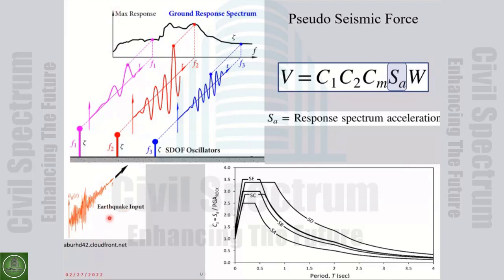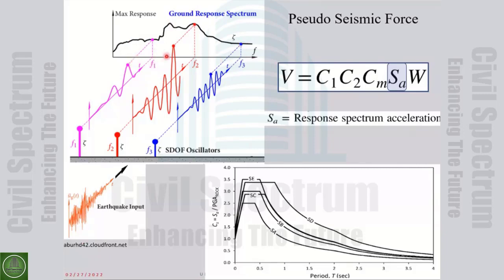it is decided that we are talking about 2% in 50 years, or 10% in 50 years, or a return period of 5,000 years, or a return period of 100 years. Whatever that is, either from code or by doing the site-specific study for the level of the earthquake that we are concerned with, we get the response spectrum.